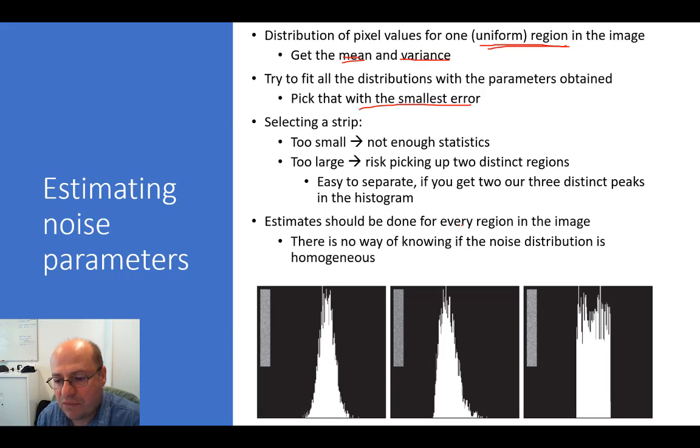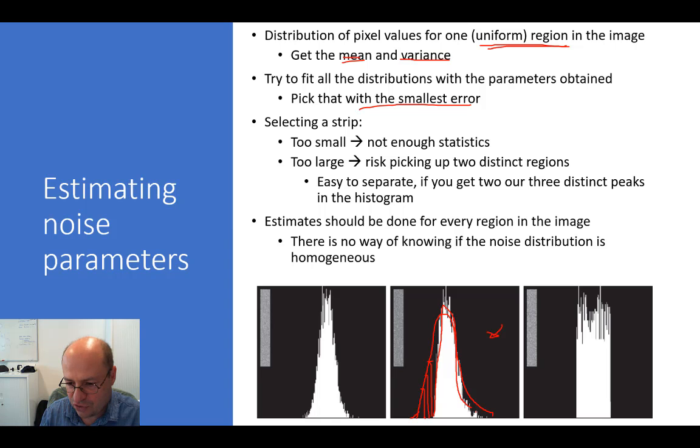What does it mean, picking up the one with the smallest error? Imagine that you have this Rayleigh noise. You picked up this, you are in this case, and you try to fit a Gaussian. Now try to predict the intensity levels for every point here. You see that these points have no reference to the actual distribution.